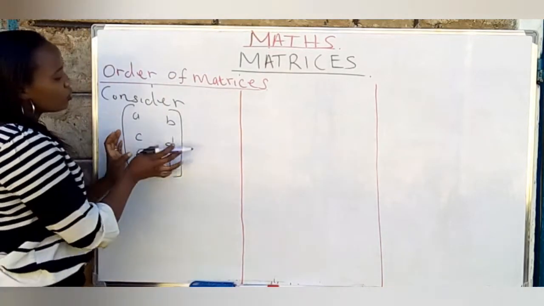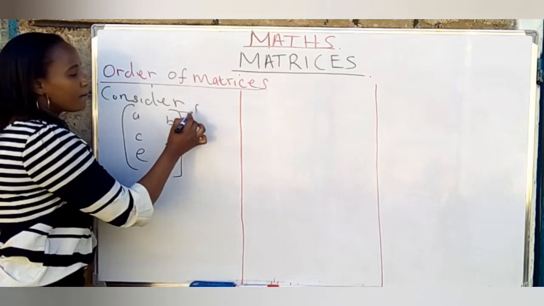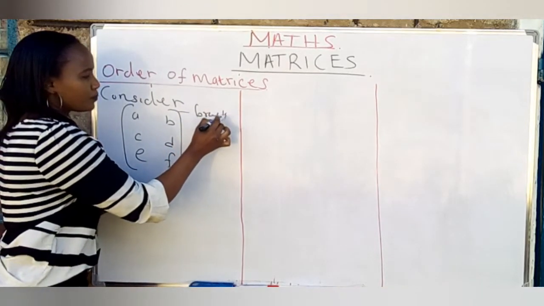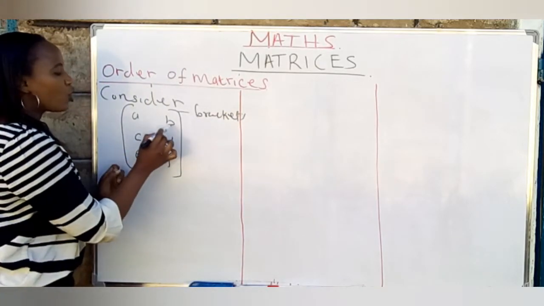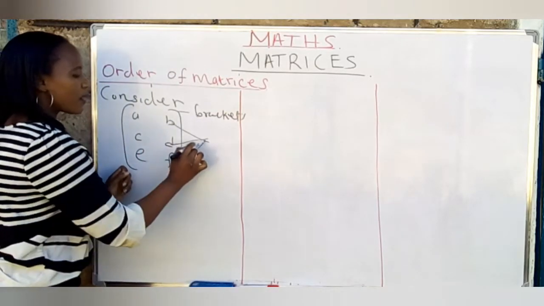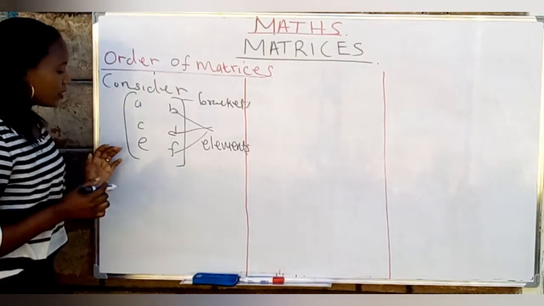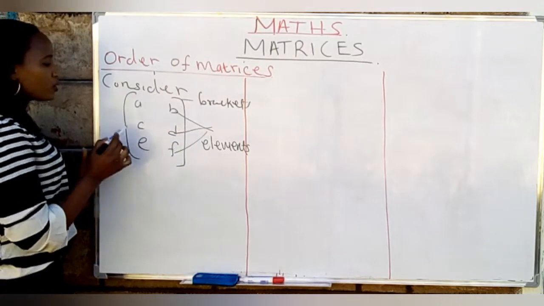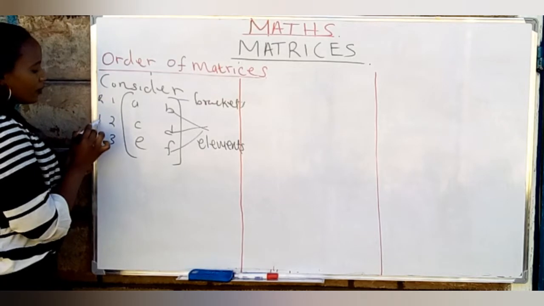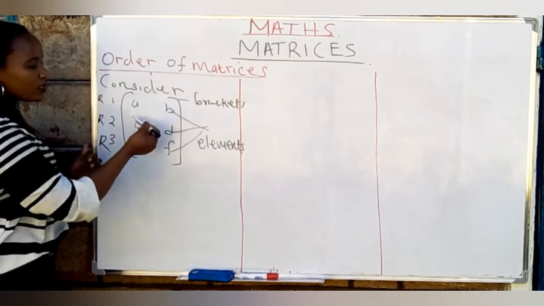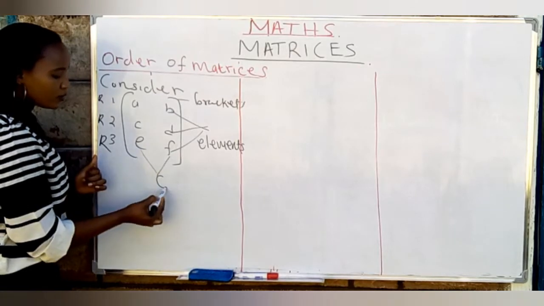Now if you look at this form of a matrix, these are what we are calling brackets, and the numbers that are inside are called elements. All these numbers are called elements. So in a matrix we have rows and columns. So these are rows, and the ones that are vertical are called columns.